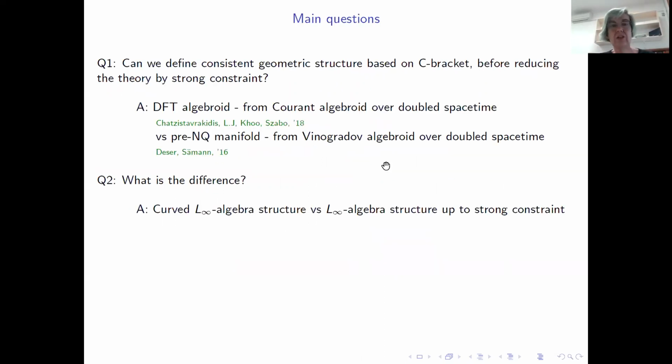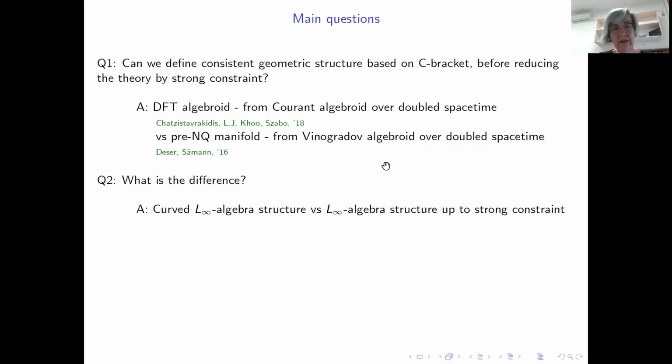So the question we posed is, can we define a consistent geometric structure based on a C bracket before reducing the theory by the strong constraint? And there are sort of two existing answers.